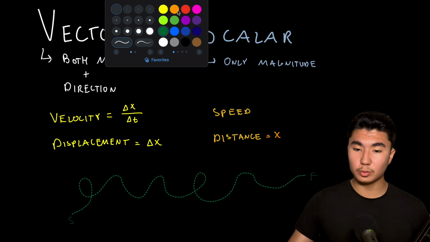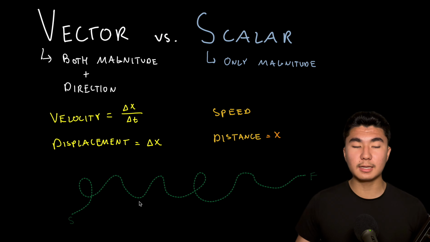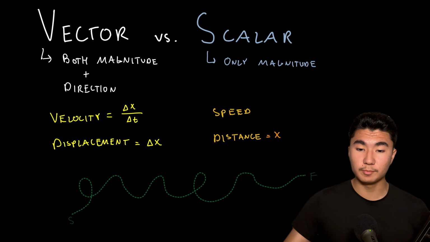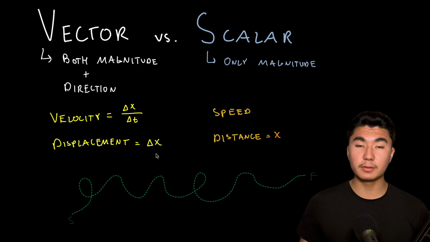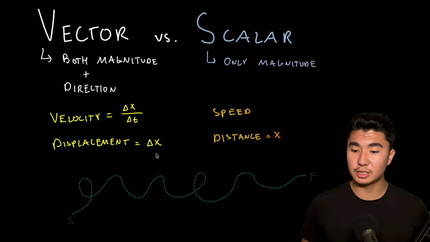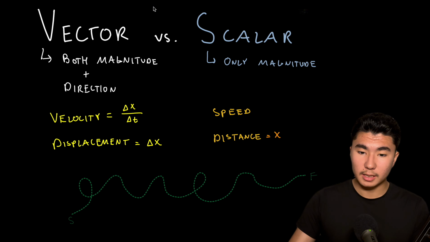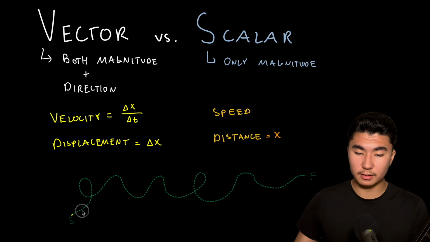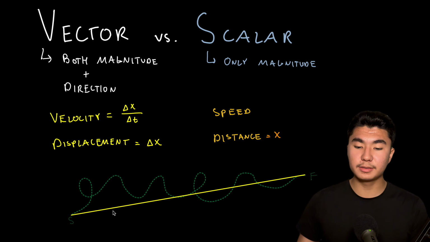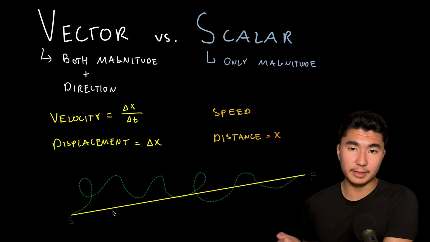Now our total distance is this entire area of what we walked through, but here's the thing. Our displacement is going to be a change in position. It's basically our final position minus our start position. So our displacement is actually going to be something like this. This is our displacement right here, where it's going to be that change in our final minus our initial.